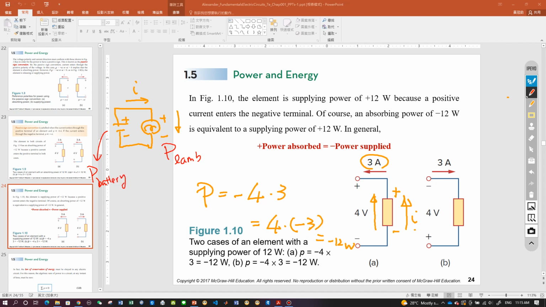Because of the conservation of energy, the P battery plus P lamp should be equal to 0.